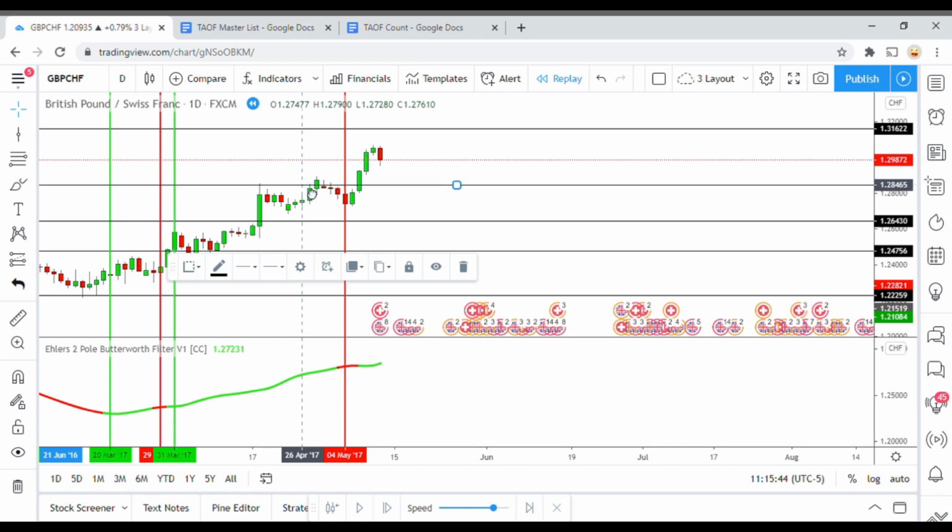If you'd use these wicks as an idea, you see it breaks above with this green candle right here, then immediately it comes back down and starts to close below.